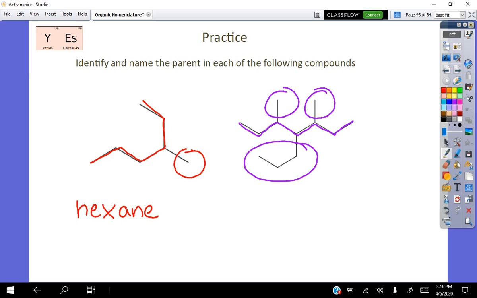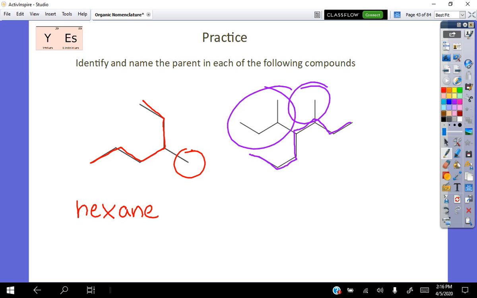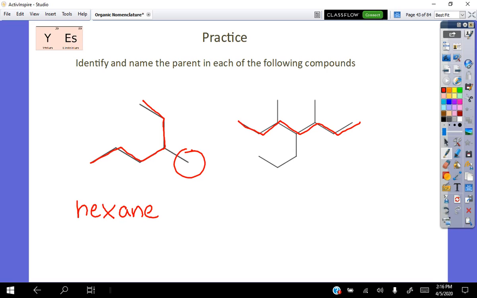If I choose to go this way, I only have 2 branches. So I know I'm not going to use this chain. I can eliminate that one. The other option I had is going this way, which also gives me 2 branches, so I can eliminate that one. The best parent chain in this particular problem is the one that goes right through the middle and has 3 branches. And again, we said this is going to be a heptane.